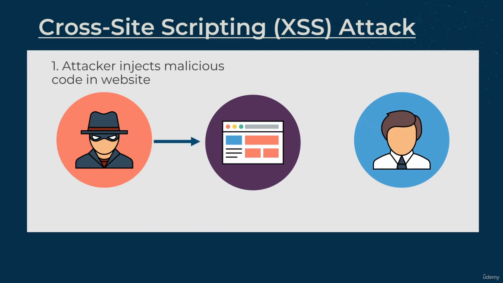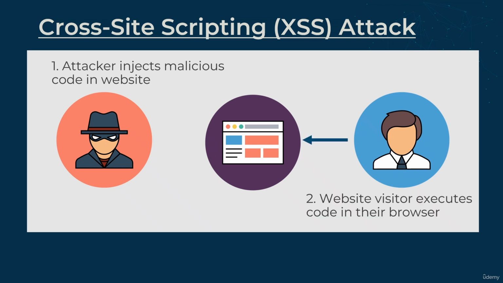So in summary, we have an animation where on the left, the attacker injects malicious code into a website, as we've seen, and in step 2, the website visitor unknowingly executes that code. Well, I guess in our case, it was knowingly because it happened to be an alert message, but usually it just runs in the background. The user doesn't even know that that executed.